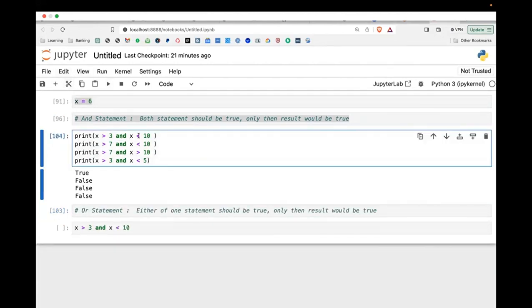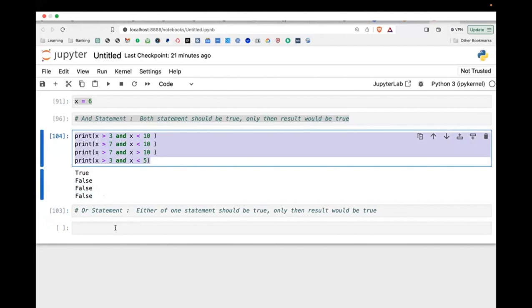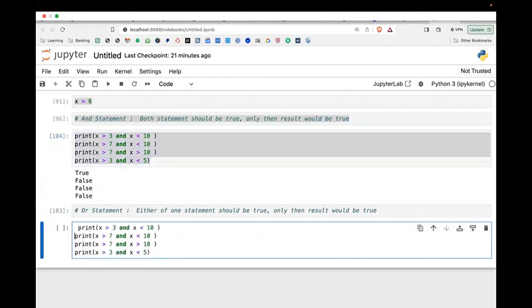Only this was the statement which was true. Both statements were true, so you got true. Otherwise all the time it was false. Same thing I will just copy paste right now, because I do not want to do it multiple times. So what exactly happened in this case of the OR statement?